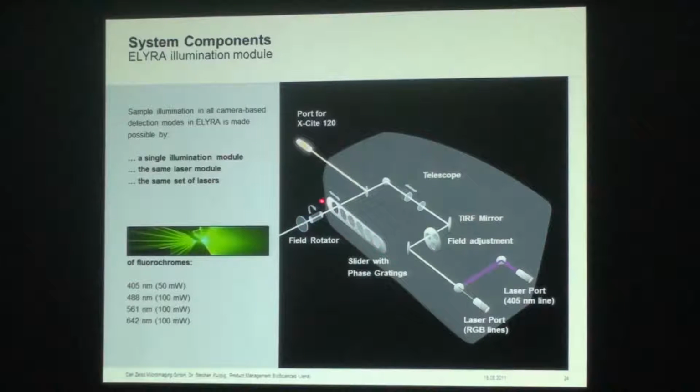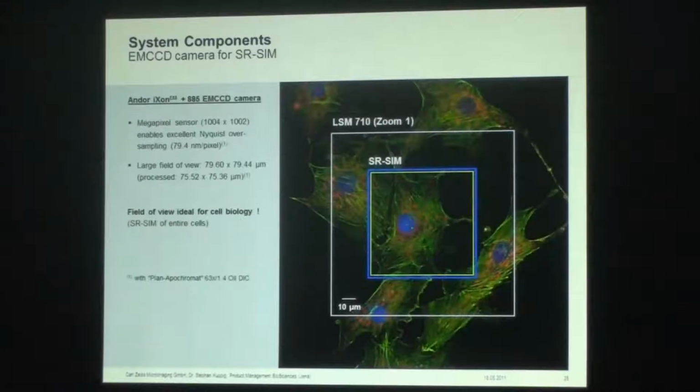So when you move into the specific grid pattern, the field rotator changes the speed at which the pattern changes on the image, because you cannot manually move anything at that speed. In order to prevent photobleaching, this field rotator helps change the angle of the grid. In a conventional field of view, for example, a 710 at zoom 1 in a PMT-based system, that's the field of view you get.